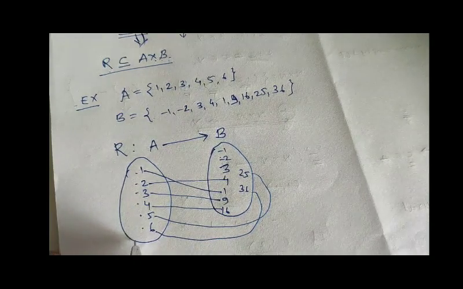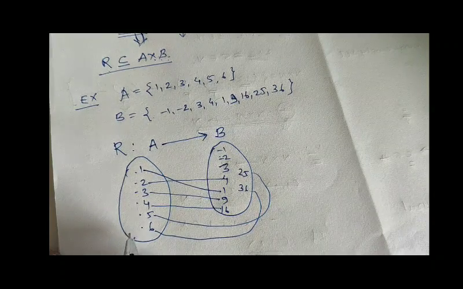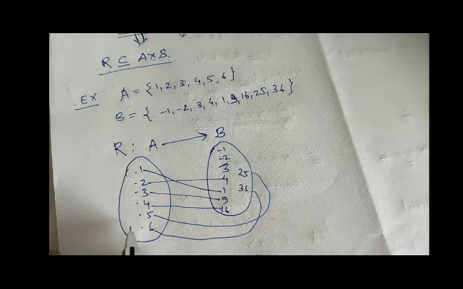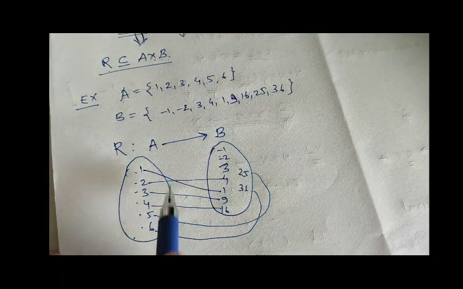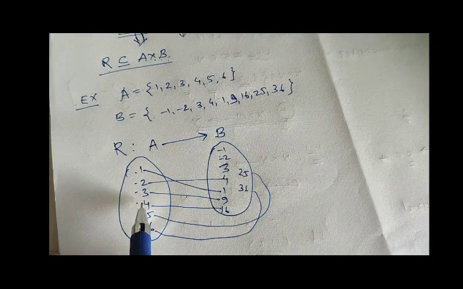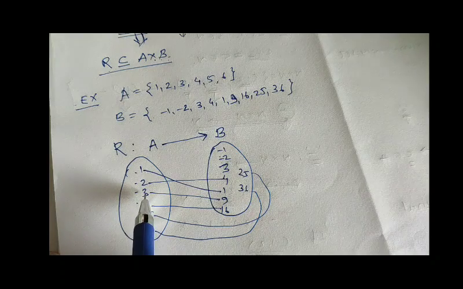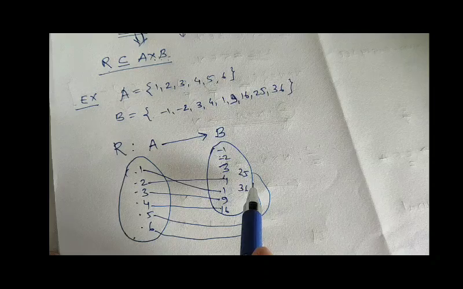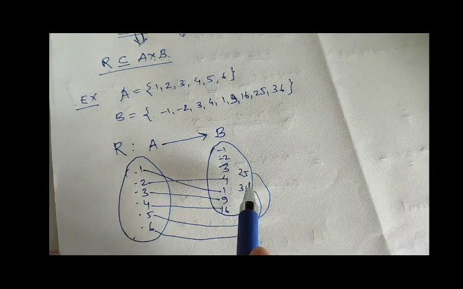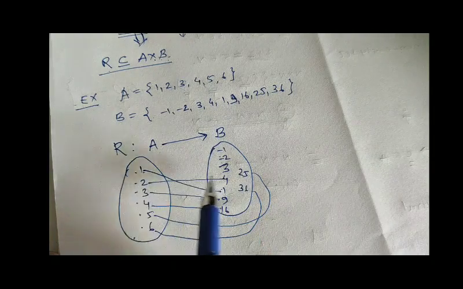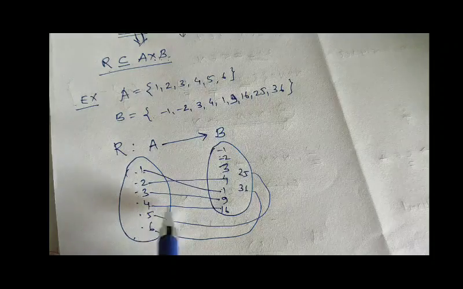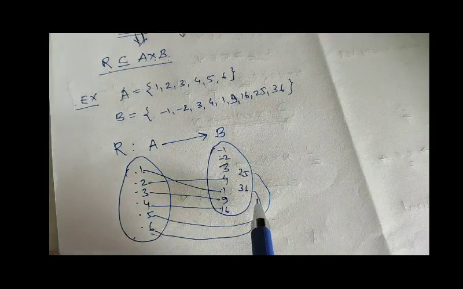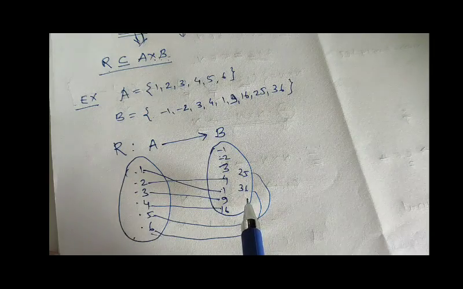So I think you guessed it. What is the relation between them? Every element in set A, its square is an element belonging to B. 1 square is 1, 2 square is 4, 3 square is 9, 4 square is 16, 5 square is 25 and 6 square is 36.